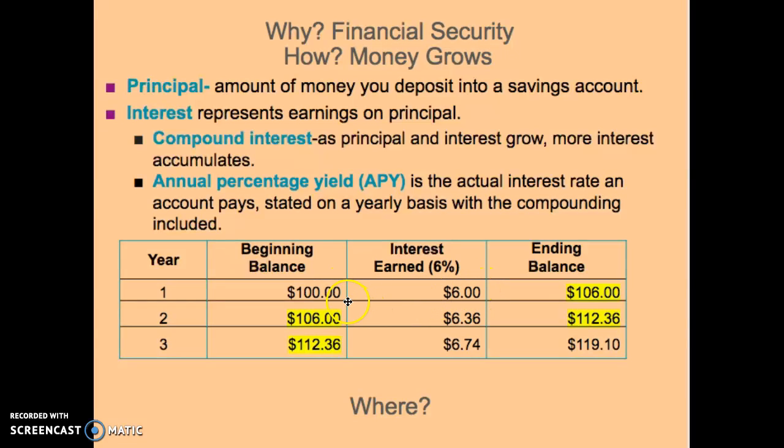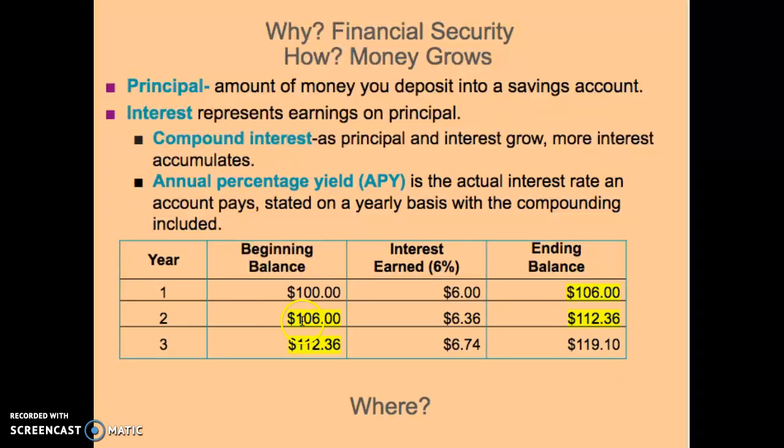So if you are talking about compound interest, after my first year with 6%, if I've done nothing to the account, I've earned $106. Compound interest says that instead of using my principal for the following year, it takes the ending balance.